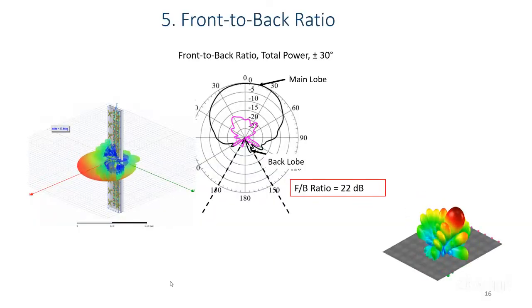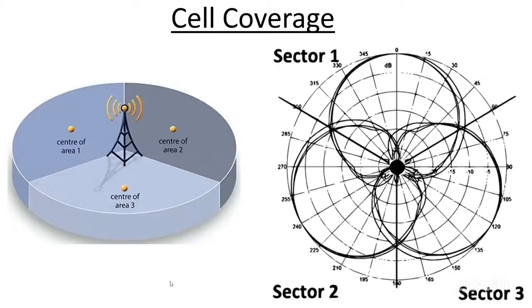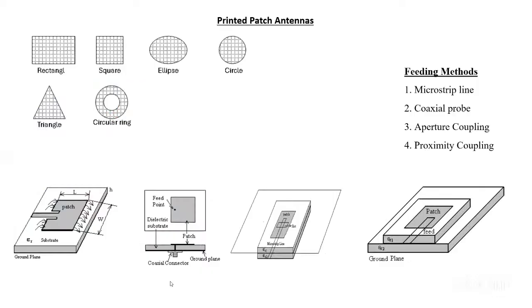Okay, so the right side bottom one is the typical radiation pattern of a planar array antenna. Now I'll jump into some basic printed antennas.